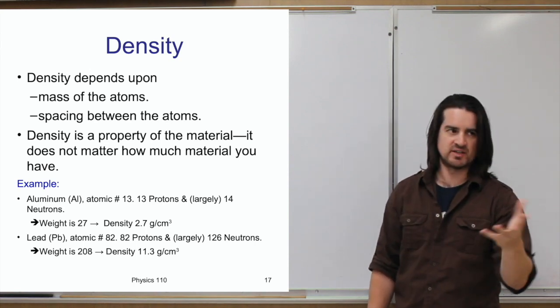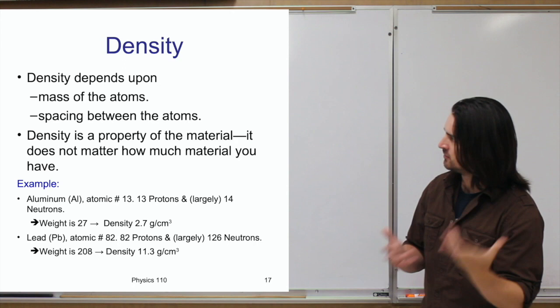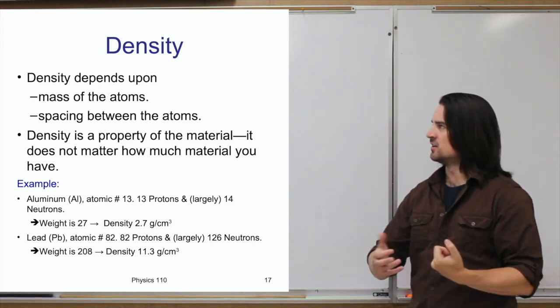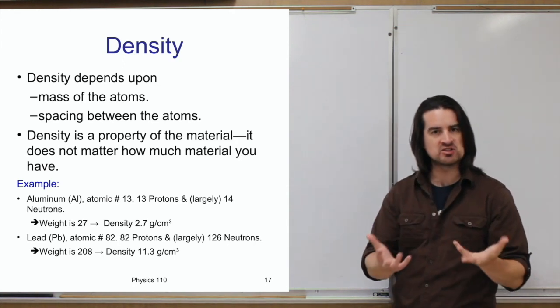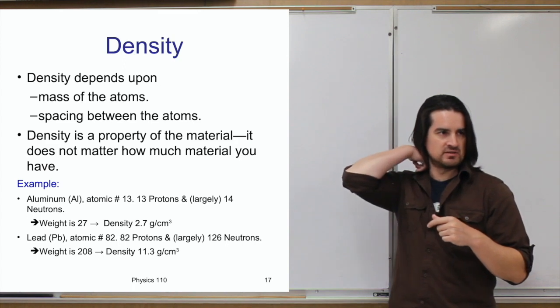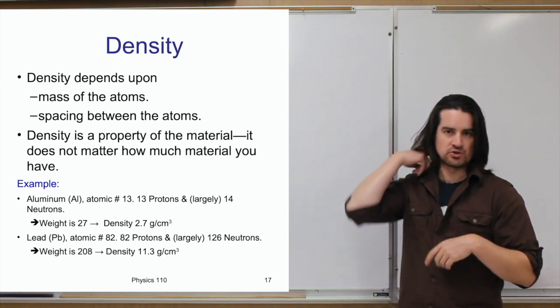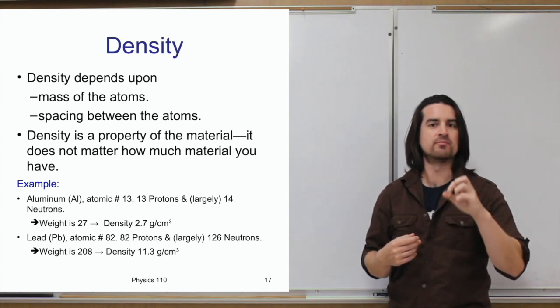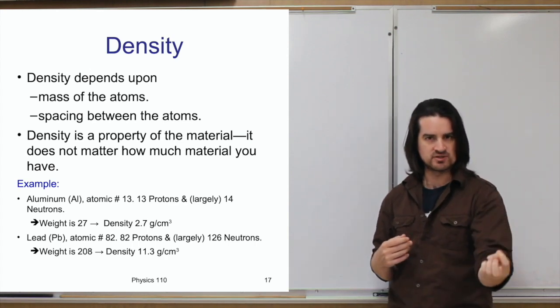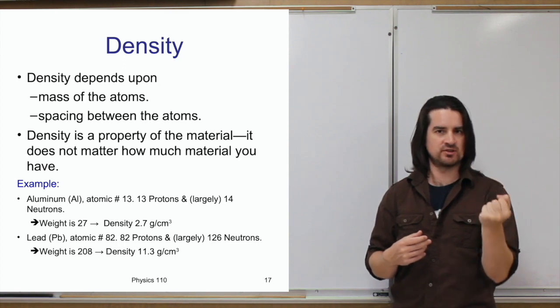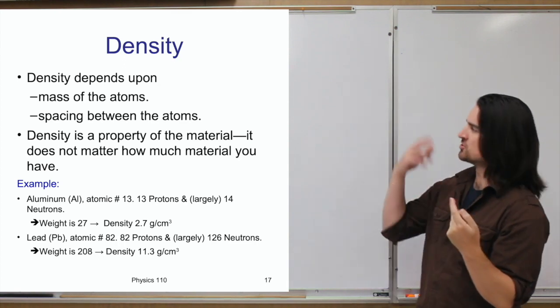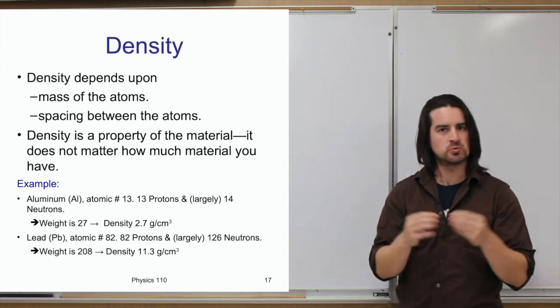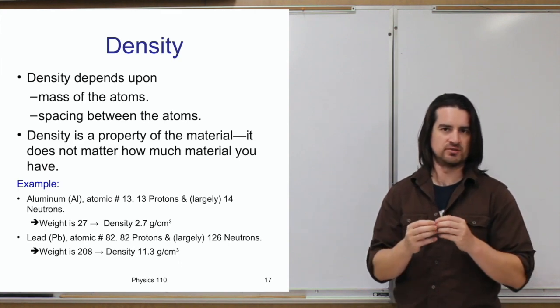In more detail, the density of a material is going to depend on the mass of the individual atoms that make up that material. So a material made up of more massive atoms, atoms that have more protons and more neutrons in the nucleus, is going to be a denser material in general. It also depends on the spacing between the atoms in that material.